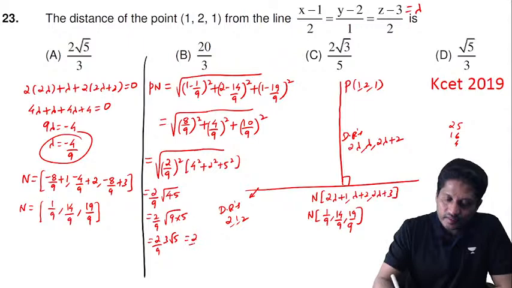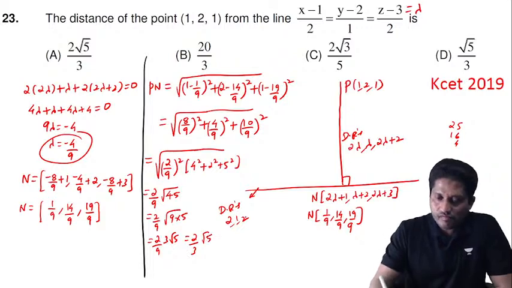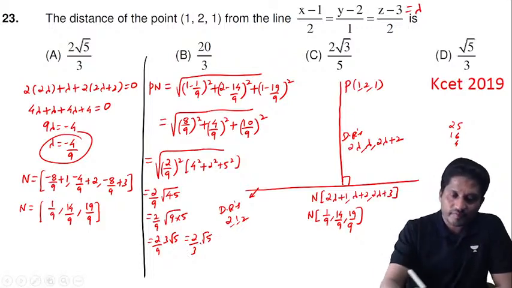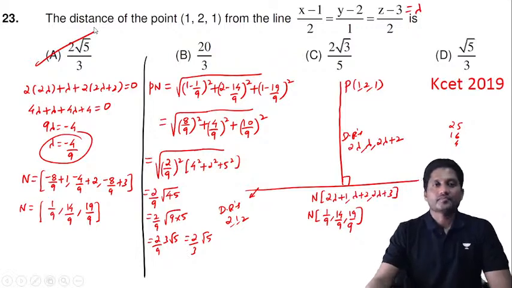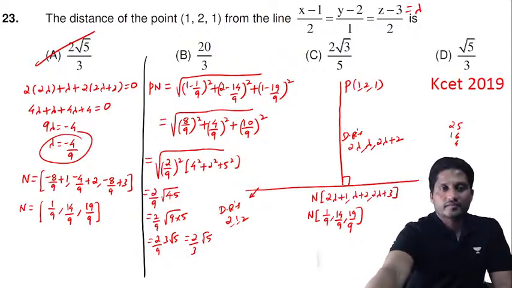So this is 2 by 3 into root 5, 2 root 5 by 3. Answer is option A. Let's move to the next question.